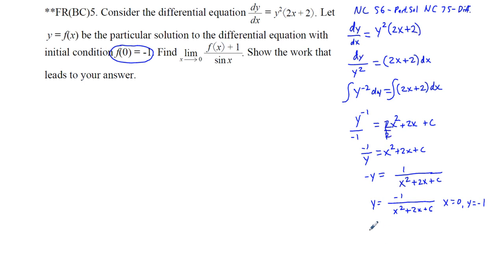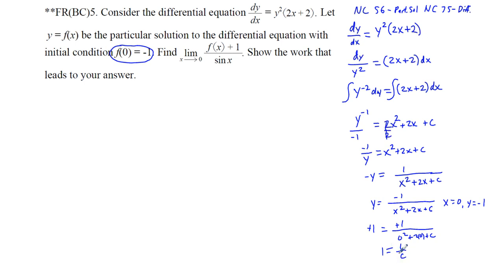We have negative 1, because that's y, equals negative 1 over, x is 0, so we get 0 squared plus 2 times 0 plus c. And negative over negative will cancel each other, and so we get 1 equals 1 over c.